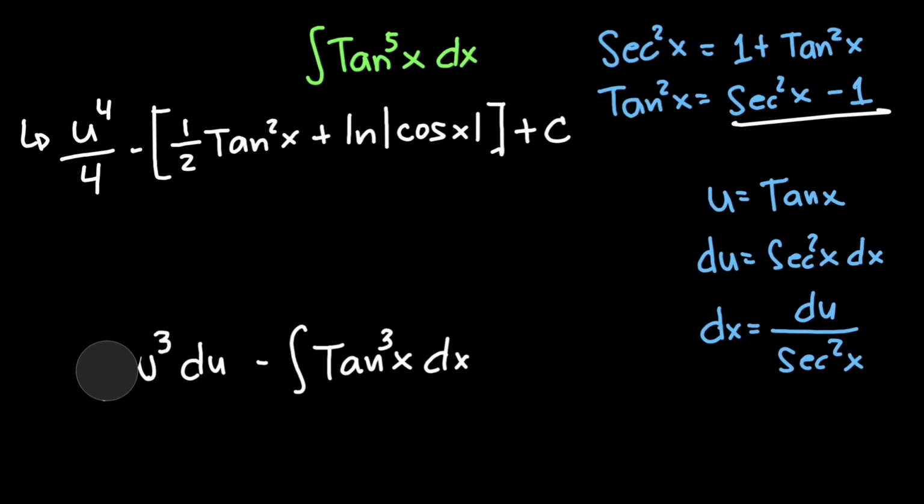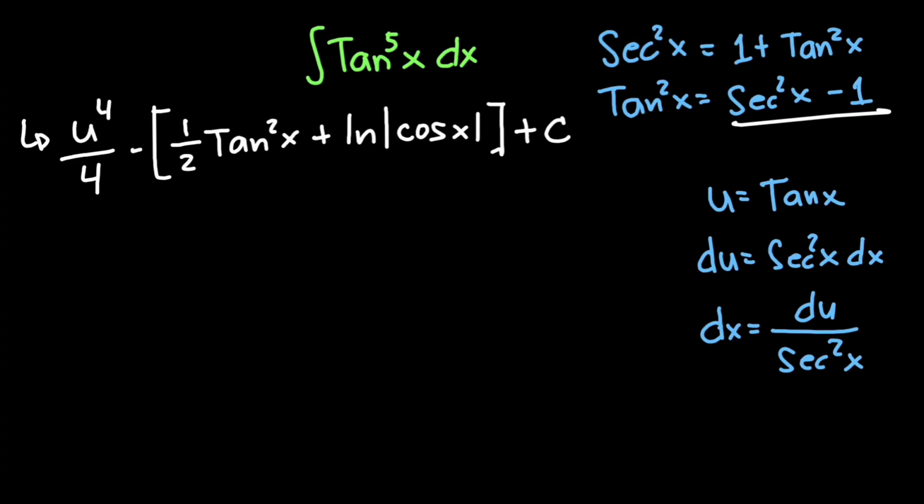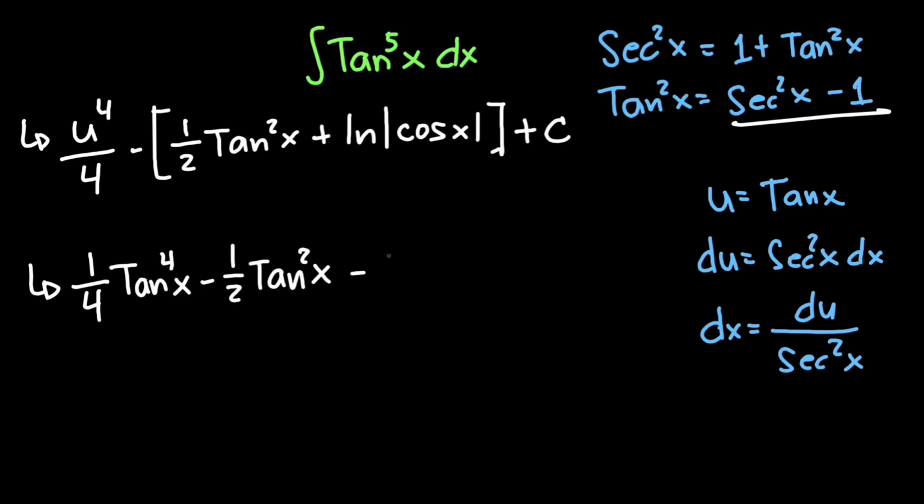So let us simplify this now. Our final answer: put u back into its original form. So you will have 1/4 tangent to the power of 4 of x minus 1/2 tangent squared of x minus the natural log of the absolute value of cosine of x plus c.